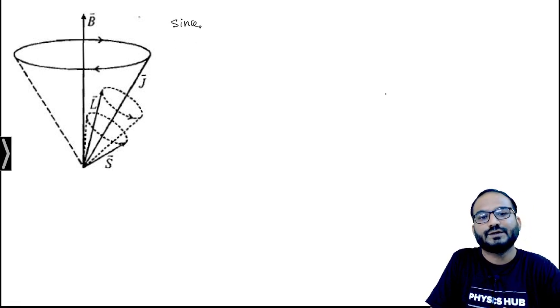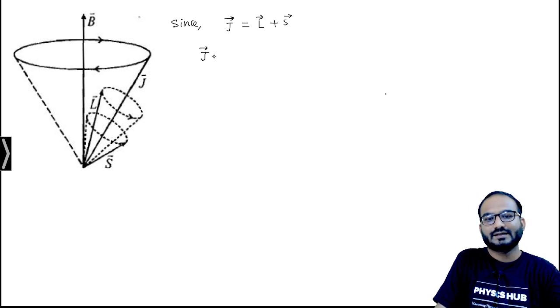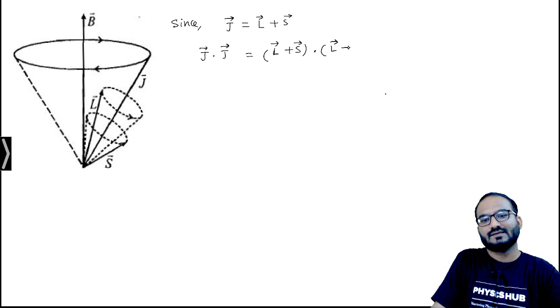Since we know this total angular momentum J is given by the sum of L and S, then what we can write? We can write J dot J is equal to L plus S dot L plus S. Simple as that.